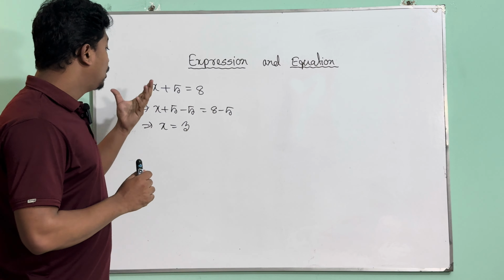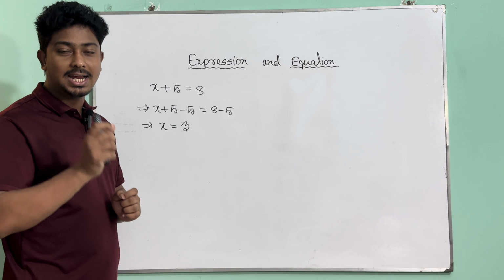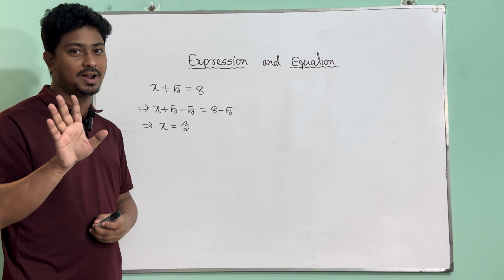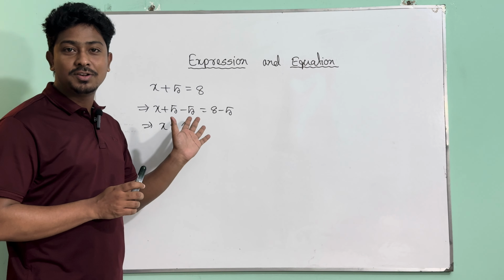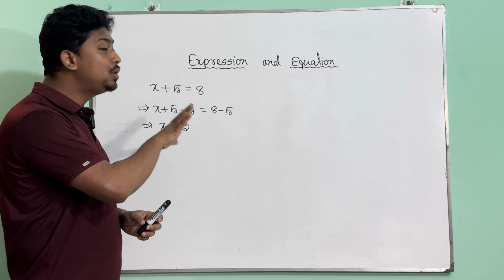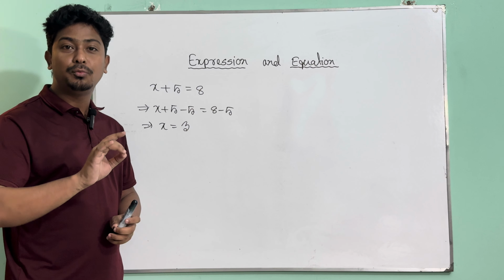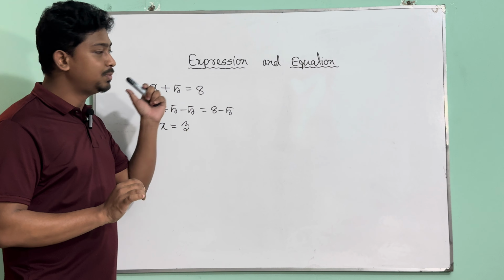Then you are going to have the value of the variable. So finally, in an equation, we have two expressions joined by an equal sign, and with equations, we only do one thing, which is to find the value of the variable. What's the difference between equation and expression then? In an expression, there is no equal sign. We have only terms joined together, and we either factorize, simplify, or evaluate that expression.